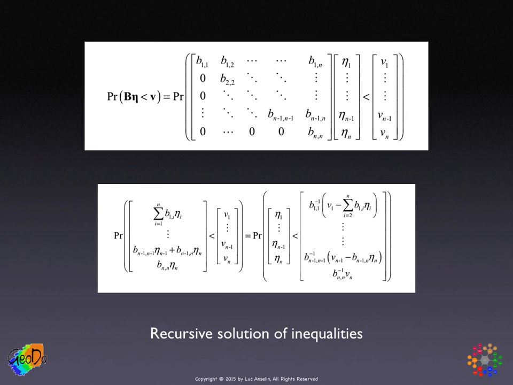And then again, we have the bound for eta n minus 1, so we draw a truncated standard normal variate from that, which gives us a value for eta n minus 1 for the next expression. And the one row up depends on 3 etas, but we have them from the draws. So we can again compute the bound, evaluate the probability, and then draw a new truncated variable, and so work our way up all the way to the top of the matrix.